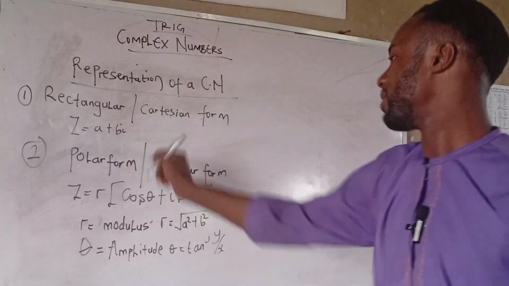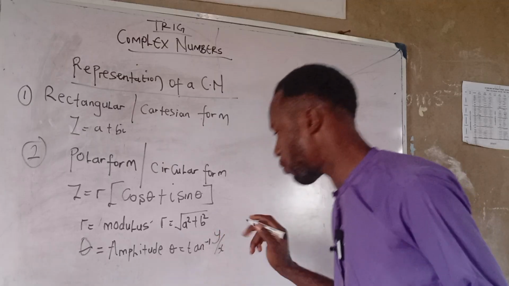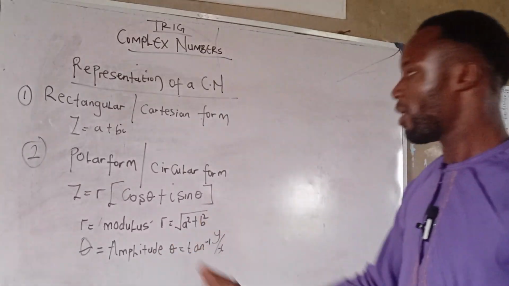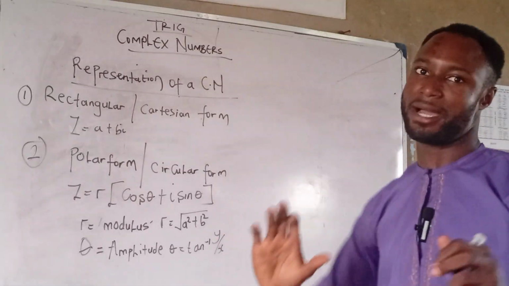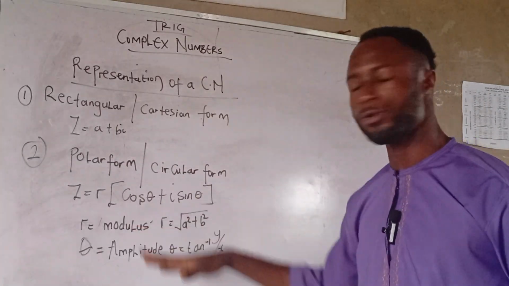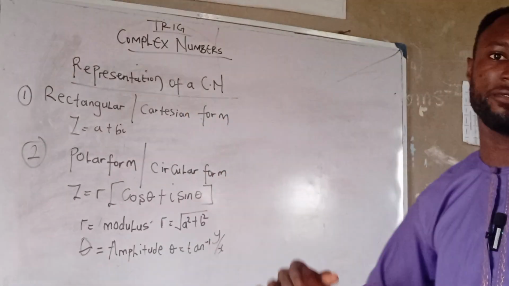That is the formula, tan inverse of y divided by x. That is the amplitude. So we are going to be making use of this in our next video. The amplitude, the modulus. I'm going to really emphasize on the representation of a complex number.